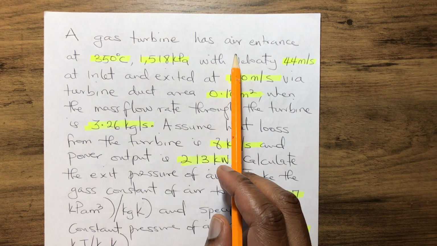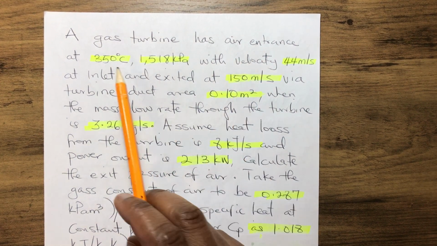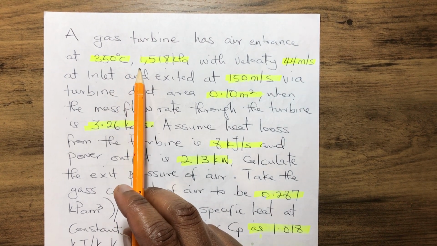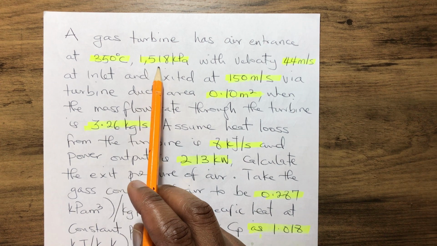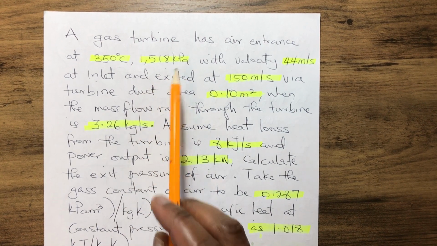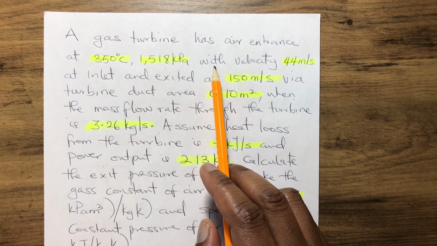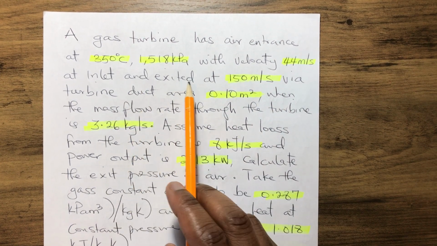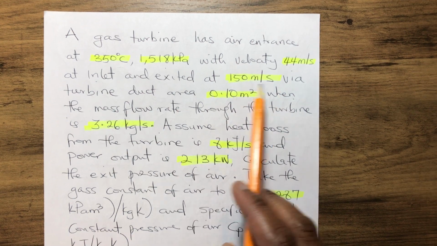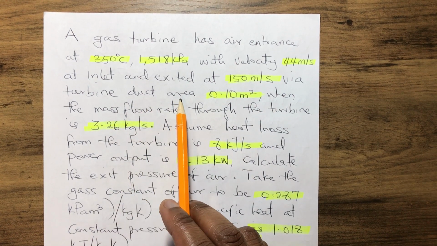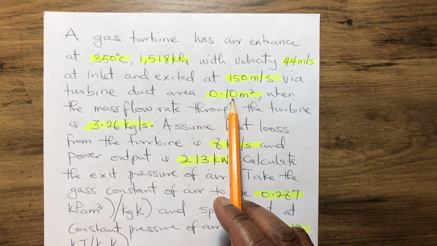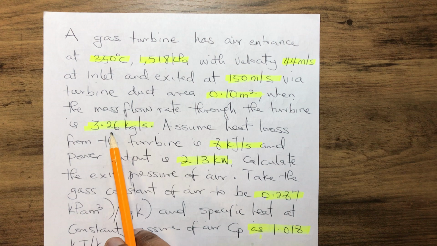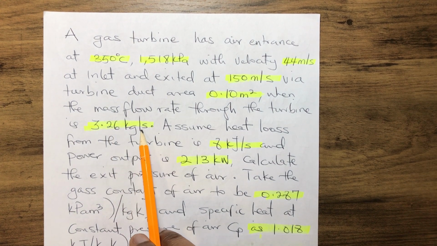A gas turbine has an air entrance at 350 Celsius and 1518 kilopascal, with velocity 44 meters per second at inlet and exited at 150 meters per second via a turbine duct area of 0.1 meters squared, when the mass flow rate through the turbine is 3.26 kilograms per second.